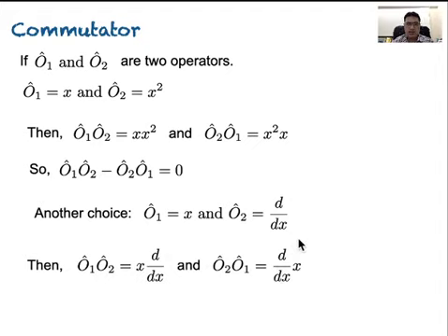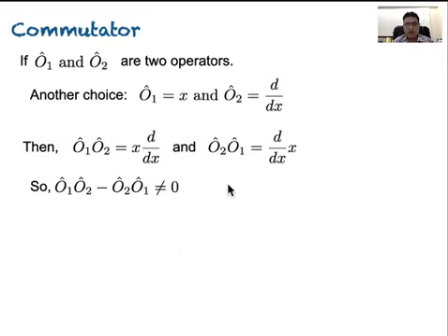And in this case it is apparent that O1 O2 minus O2 O1 is not equal to 0. So you have seen that it depends on the choice of the operators. Sometimes this quantity, which we are going to define in a moment, is 0, and sometimes it is not 0.